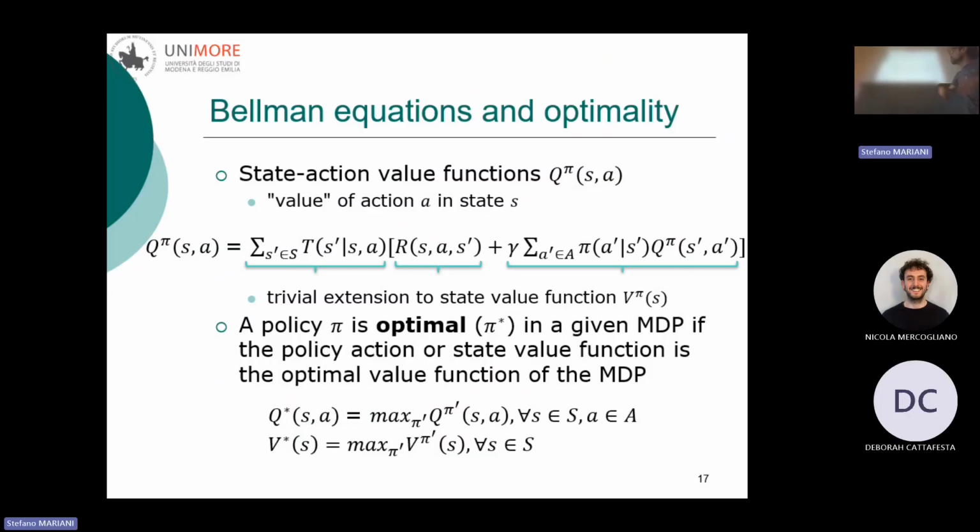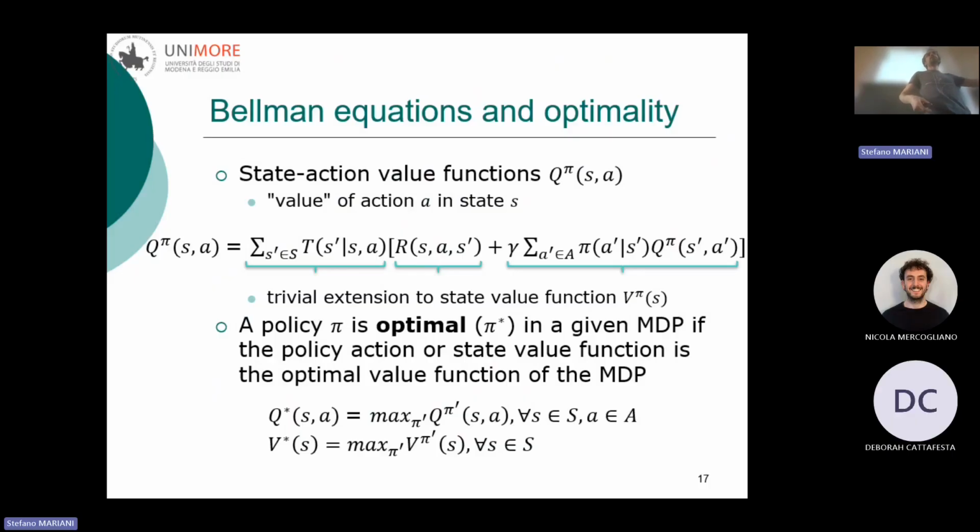Now that we have these two value functions that are very similar, you can even say they are more or less interchangeable. If I know that being in that state is better than being in another state, and I also know which action is more likely to bring me in that state, I'm fine. It's the same as knowing, given this state, my best action is this.